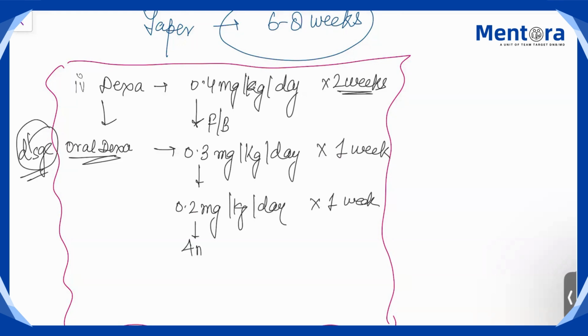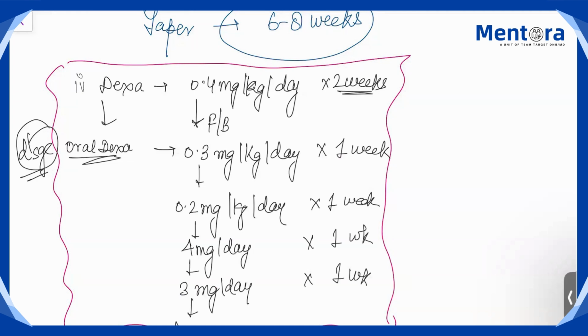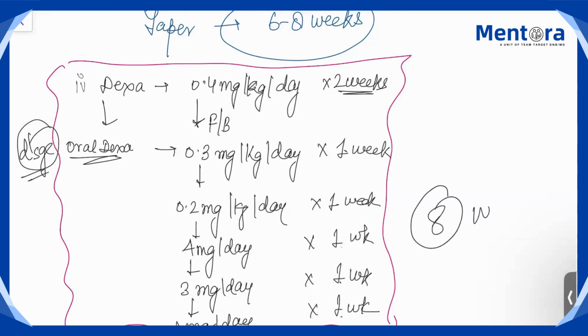then 4 milligram per day for next 1 week, then 3 milligram per day for next 1 week, then 2 milligram per day for next 1 week, then 1 milligram per day for next 1 week, and then stop. So how many weeks is that? 1 2 3 4 5 6 and 6 plus 2, so total 8 weeks we have given.